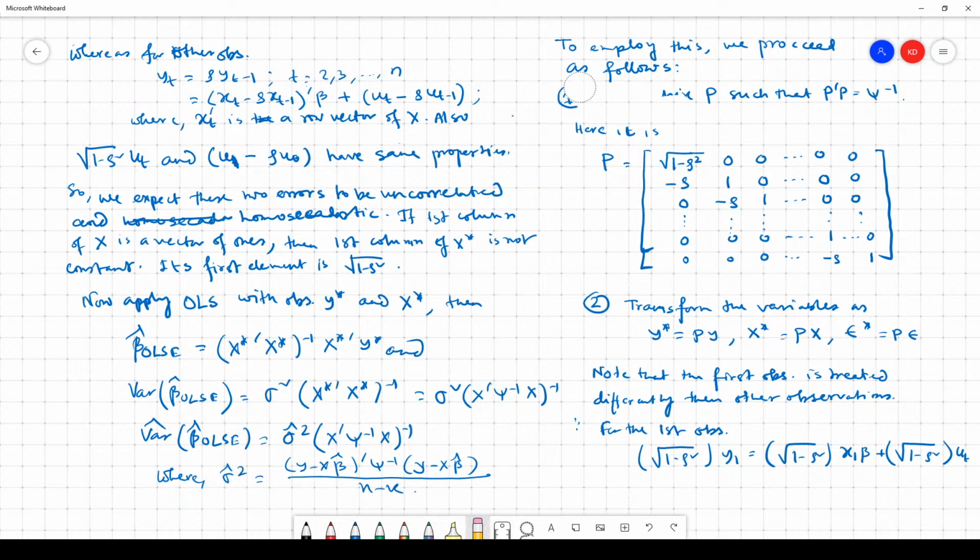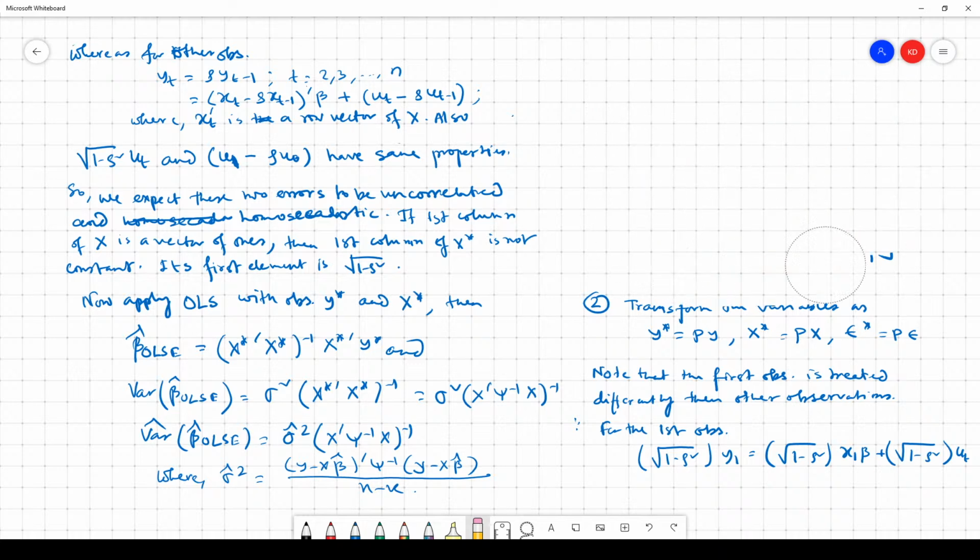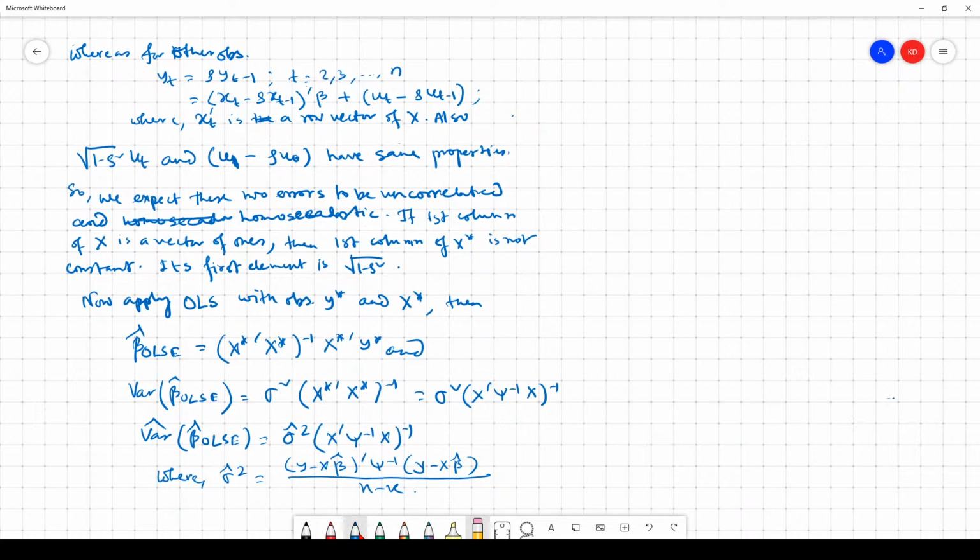Now when autocorrelation coefficient is unknown, so this case 2, then the estimator is denoted by beta hat f.